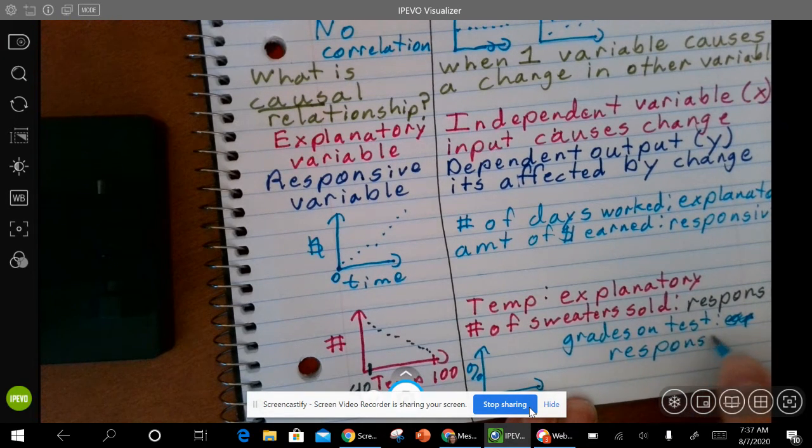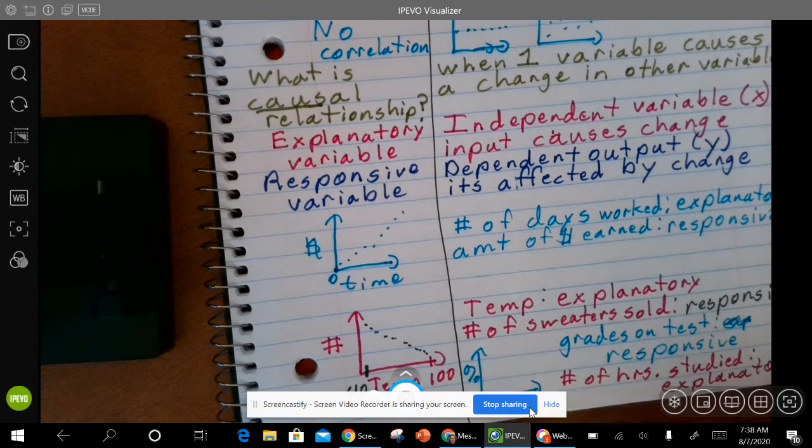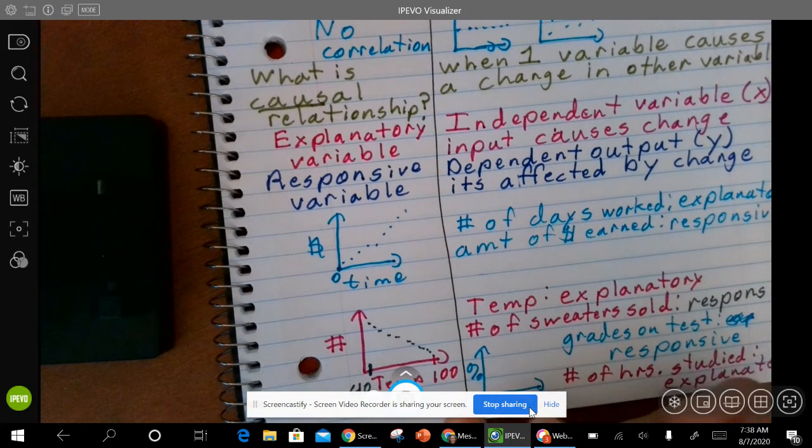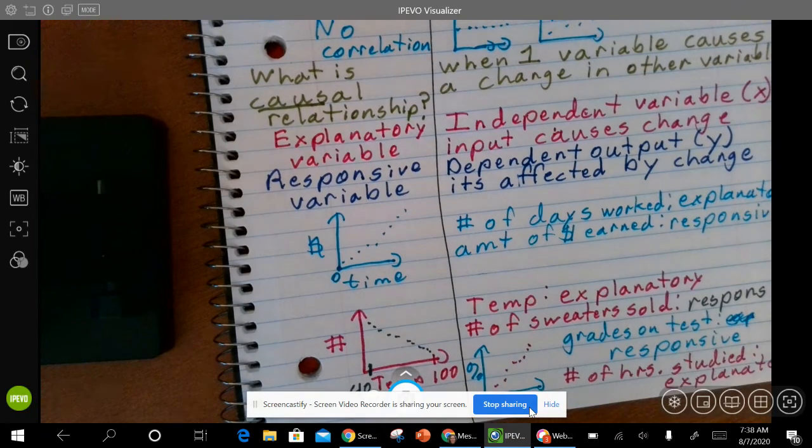Paying attention, responsive. Okay, so your grades on the test, so the percent that you get, and then our number of hours that you study, your focused studying, is your explanatory. So that would be, everybody, another positive trend example.